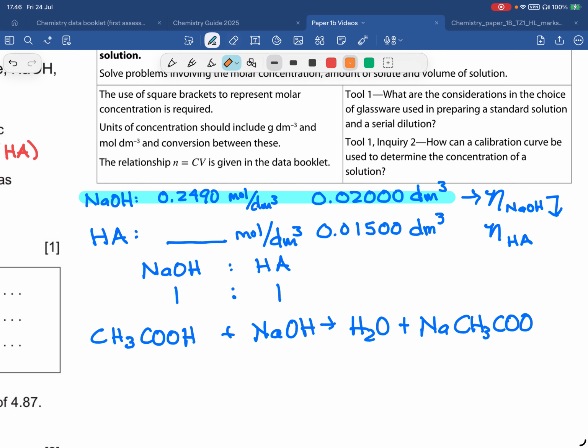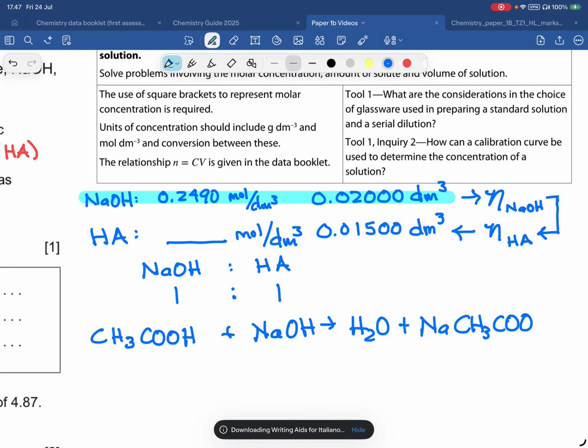So then, once I know that number of moles of propanoic acid, I can use that to figure out the concentration of propanoic acid. All right, so that's the general idea.